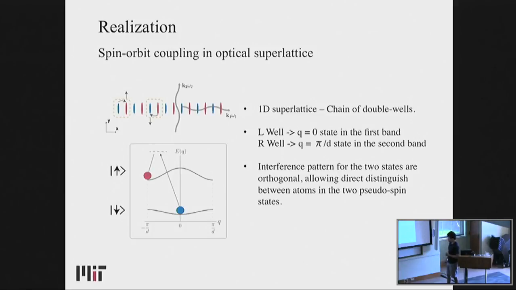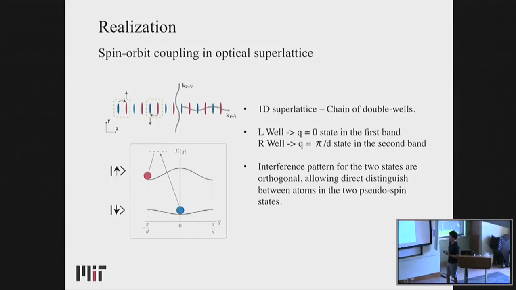Changing from the double well potential to the superlattice potential helps us in basically two ways. The first is that we can take advantage of the interference between the different double wells. If we're in a band, in a quasi-momentum equals zero state, then with time of flight we get a diffraction pattern for our clouds.